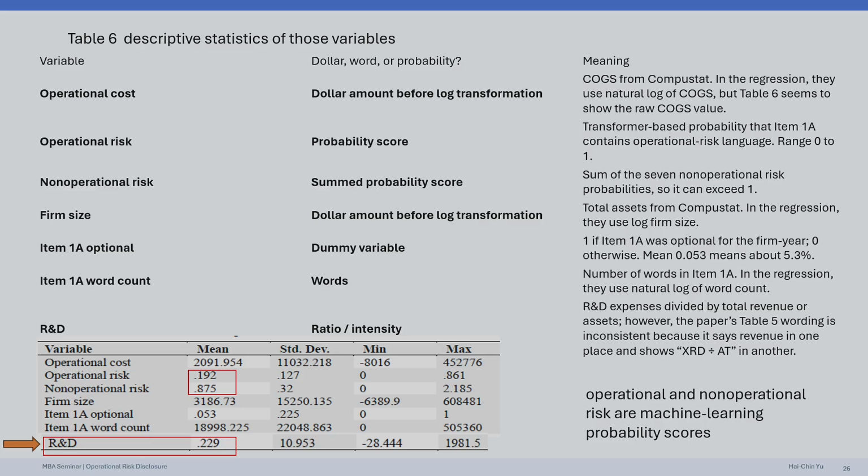It is a summation of those 7 risks, but all of this belongs to probability. So operational cost is in dollars. This is cost of goods sold, and this is the probability for operational risk, 0.19. The summation of those 7 risks is 0.787.